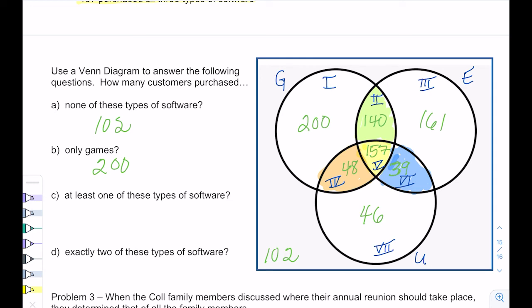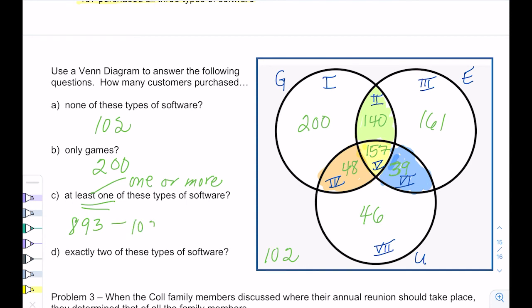In letter C, it says at least one of these types of software. So when we say at least one, that means one or more. So we know that 893 total people were surveyed. And if we take away those people who didn't buy any of that software, we'll be left with the people who bought one or more types of that software.